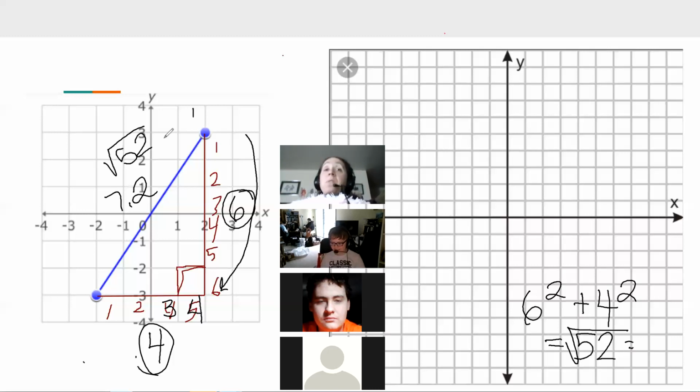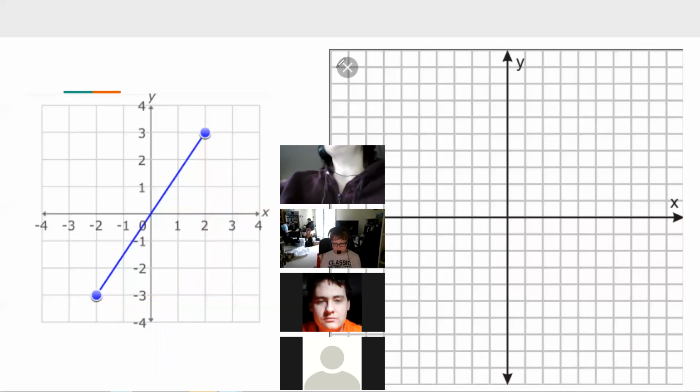Okay, questions on this. So that's one way to do the distance formula. The other way is to use the actual formula. And this is where you guys might want to write this down.